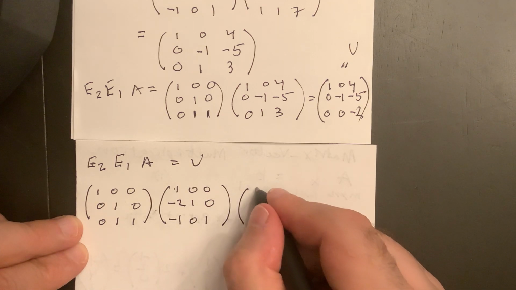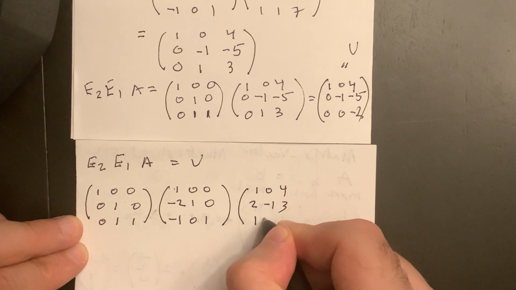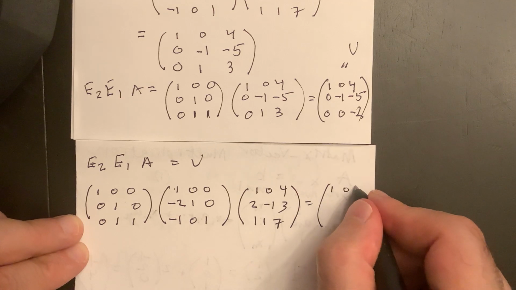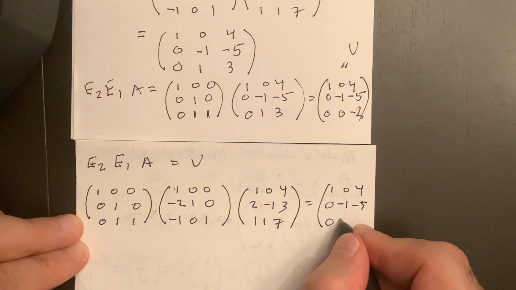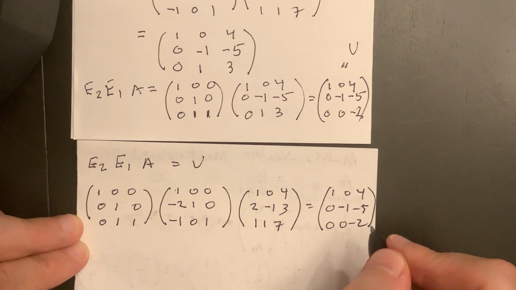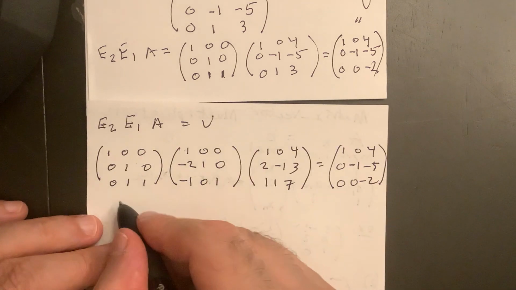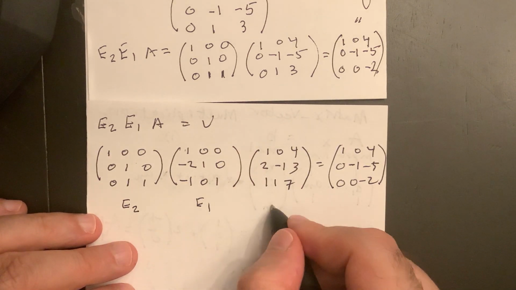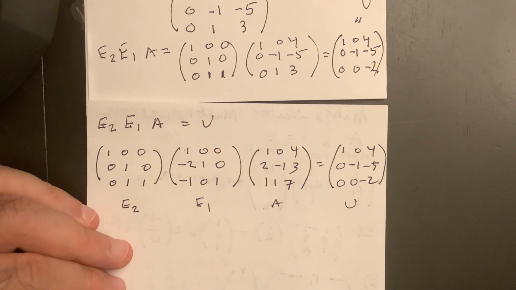And here's my A. And here's my U. Okay. E2, E1, A, U. All right.